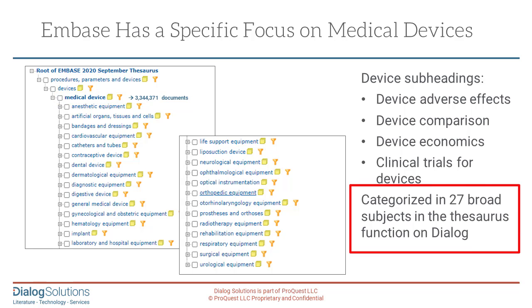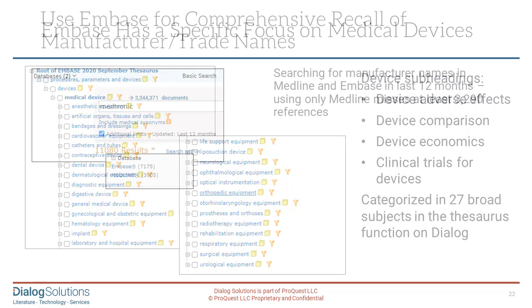And it's categorized in 27 broad subjects in the thesaurus function on Dialog. And in addition, we have the device subheadings that I've already shown you. So Embase can really guide your strategy and be a good founding stone for your strategy. And then you can expand the strategy into Medline and the other databases using free text and the synonyms.